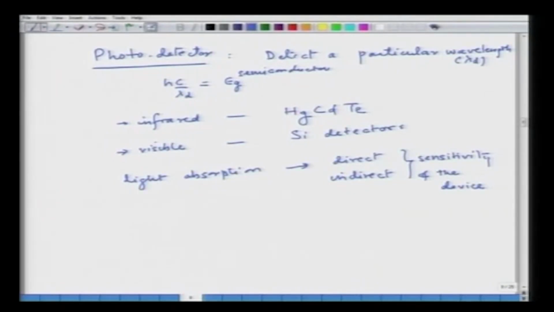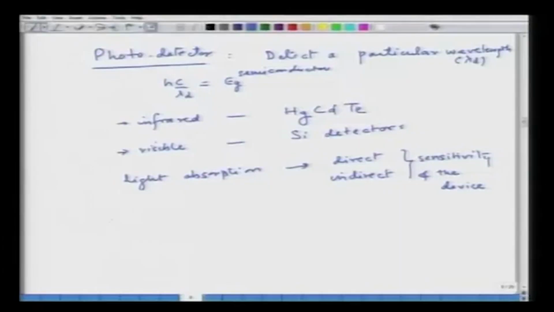And in order to improve the sensitivity, earlier the same bulk material that we had, we used to use for making the devices, but now it is possible to change the material absorption properties. We can modify the absorption of a bulk material, and that could be done by adding nanoparticles.